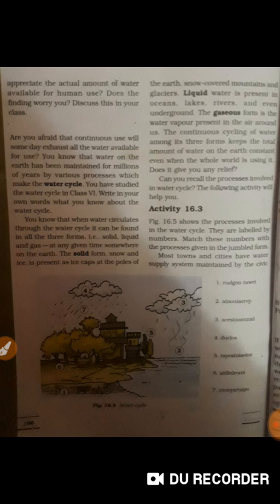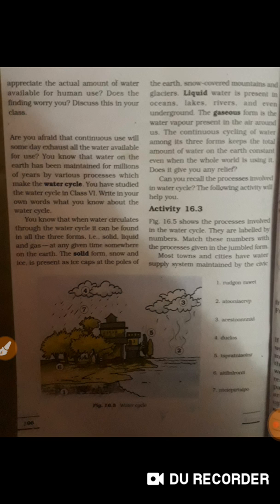So the water table varies from place to place. I hope you got me. The water found below the water table is called groundwater. And this is the water which we obtain from wells, tube wells, hand pumps. Now the question is, what is the source of this groundwater?